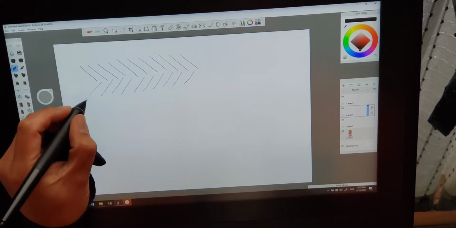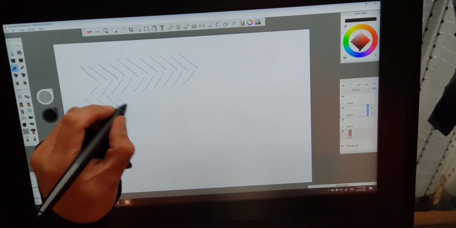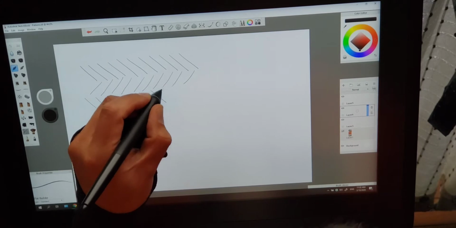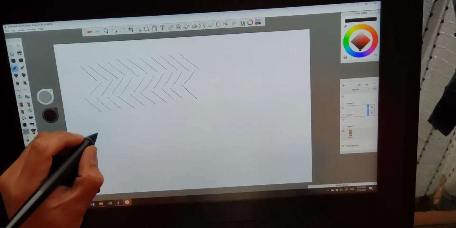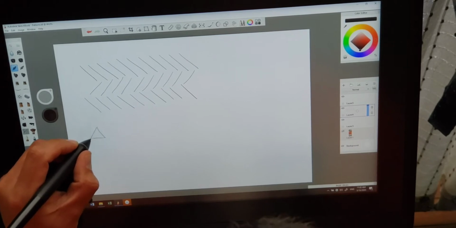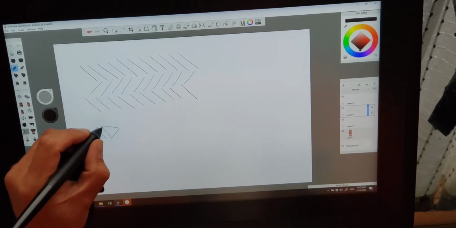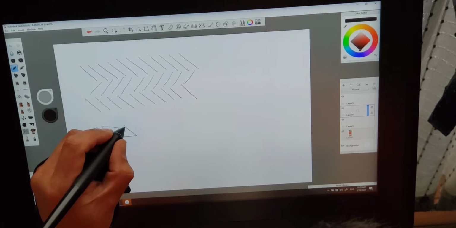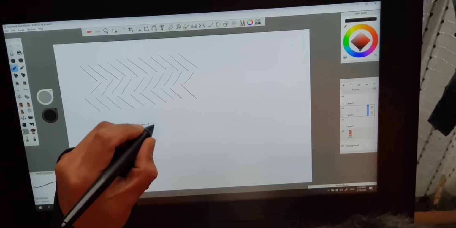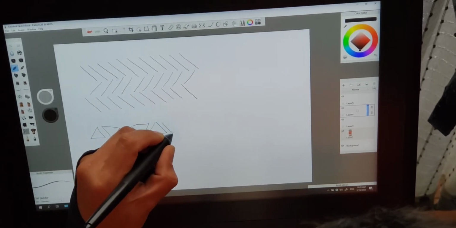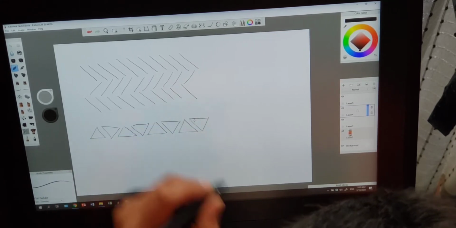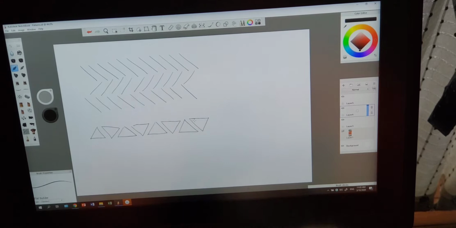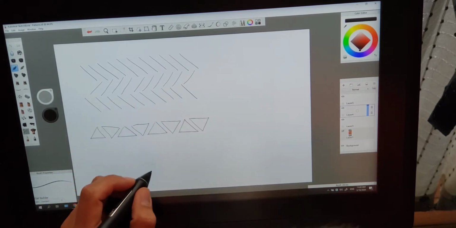Okay, so I could continue like this here. Every time that you repeat one shape, for example, triangles, all of that is going to make a pattern. Okay, just over here. So these over here are going to be a pattern.